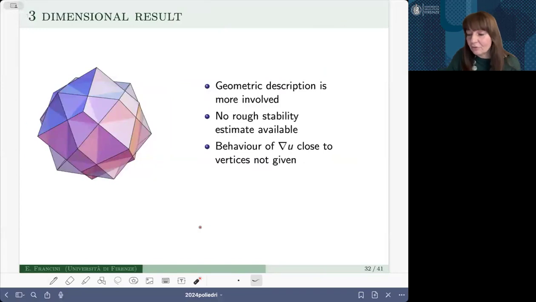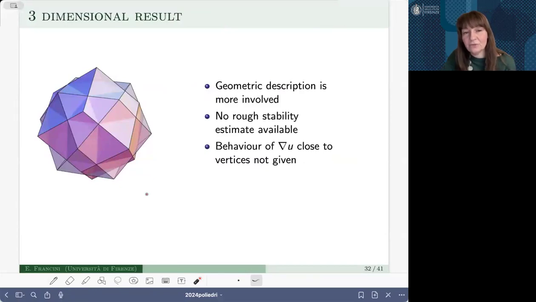So now I have all the things that I need to try to explain the case of polyhedra in a slightly easier way. So now the idea is that we want to move to 3 dimensions and consider a polyhedral inclusion in 3 dimensions.